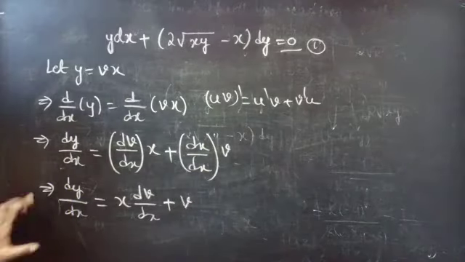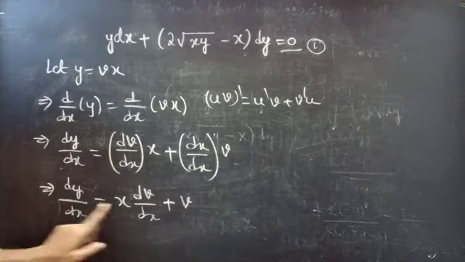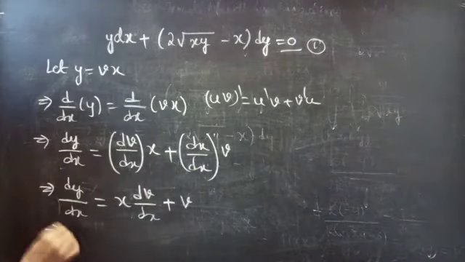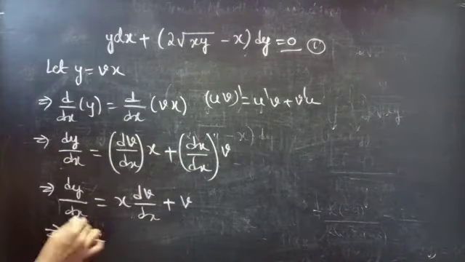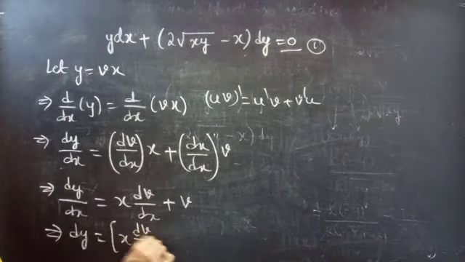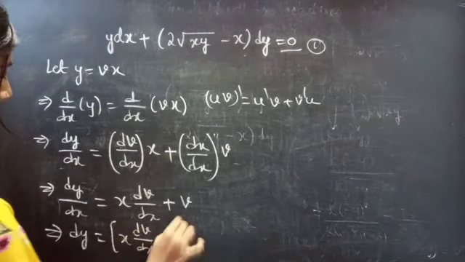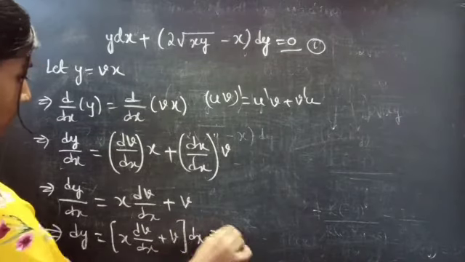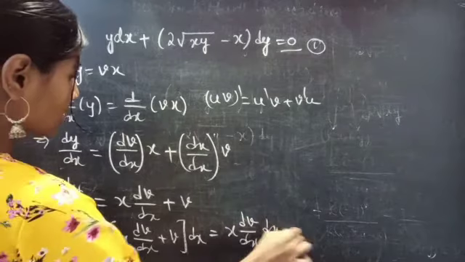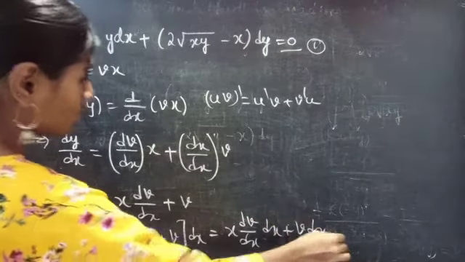You can replace dy by dx equals to the sum of two terms, or you can write this as dy equals to, simply take this dx to the RHS, then you'll get x into dv by dx plus v into dx, which equals x dv by dx into dx plus v into dx.